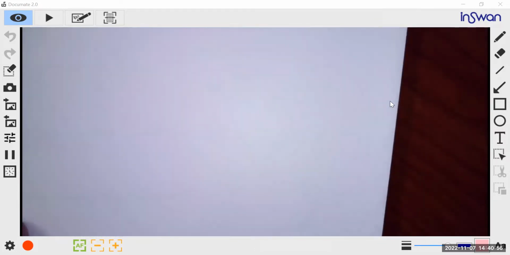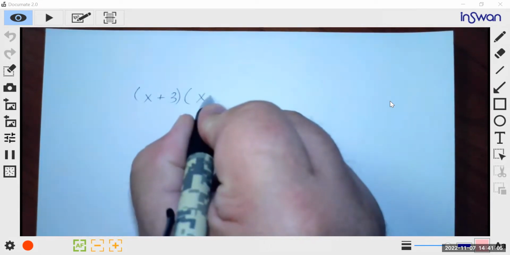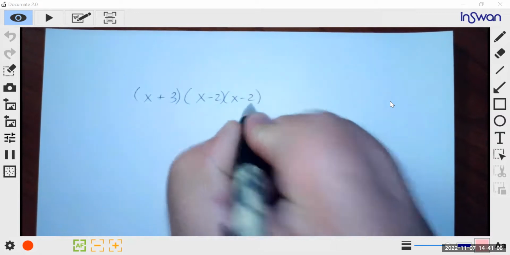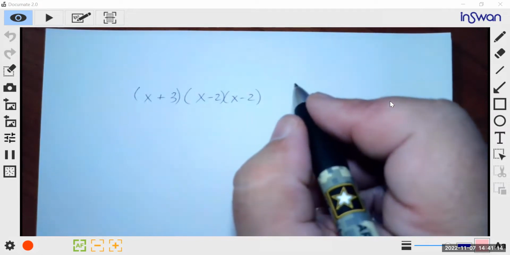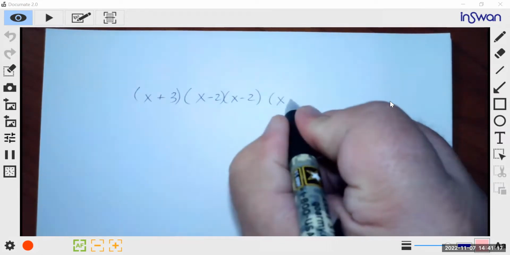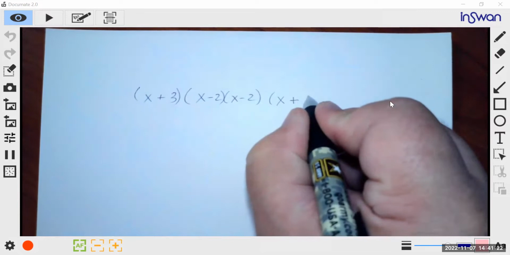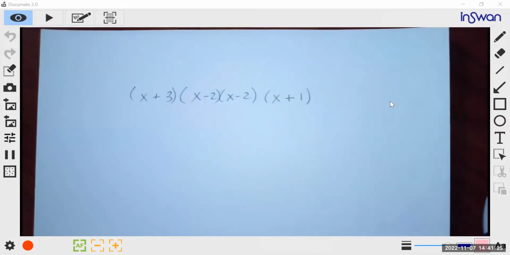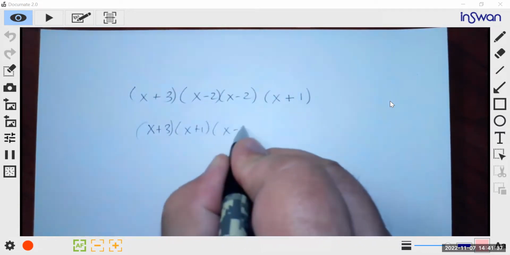Let me show you. If my factors were these, so I know it's x plus 3, x plus 1, x minus 2 squared.